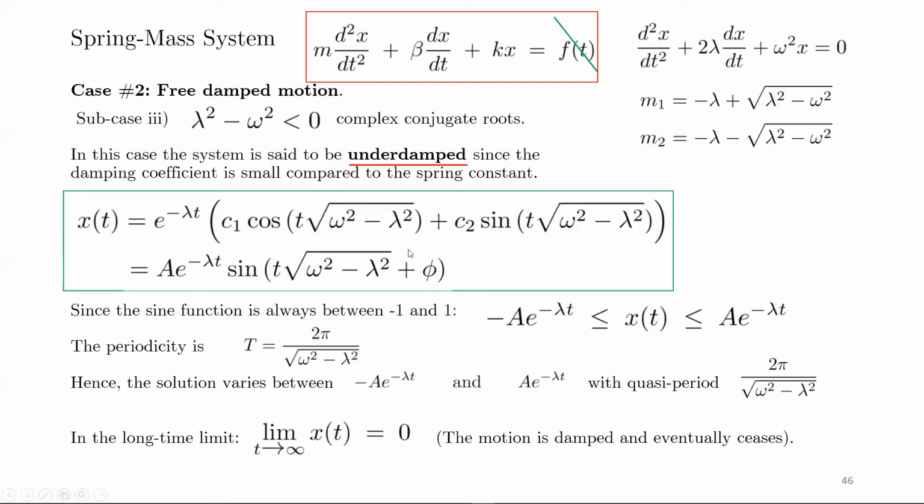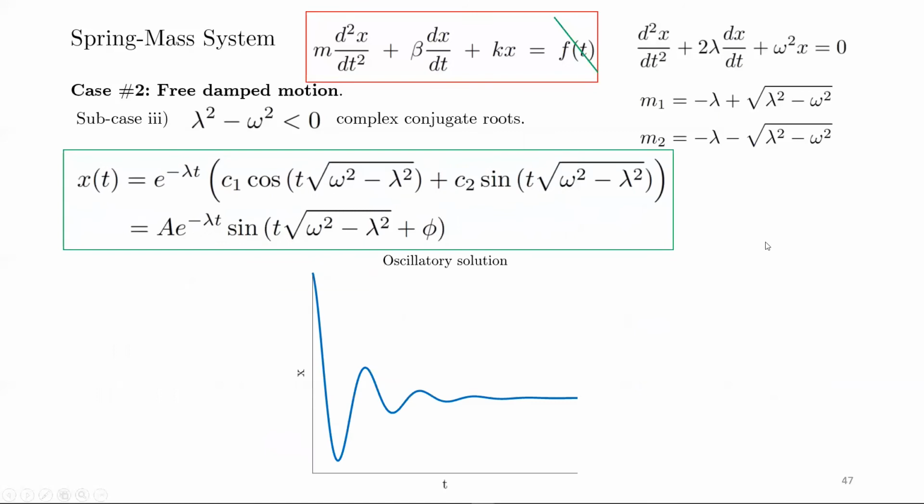Because sine is just oscillating between -1 and 1, and the exponential is just damping out these oscillations. So in fact the solution to case 2, sub case 3, is we get some oscillatory solution with multiple minima and maxima until we eventually reach the equilibrium state, equilibrium position.